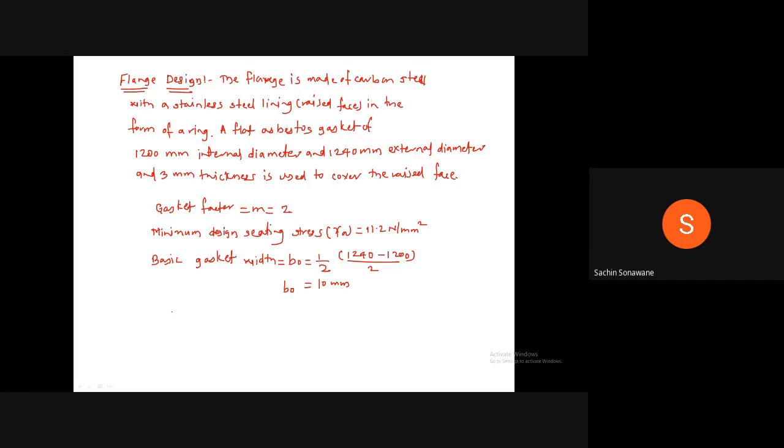Effective gasket width is given by B is equal to 2.5 into square root of B naught, which is equal to 2.5 into square root of 10, which is equal to 7.9 mm.